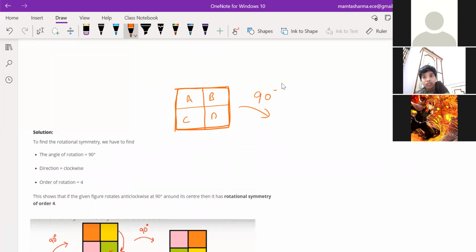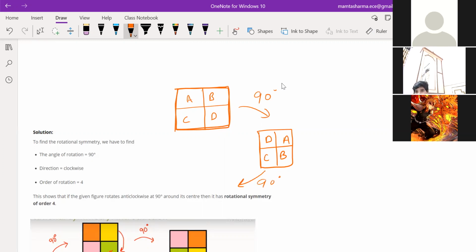So when you rotate it by 90 degrees, let's say the points are A, B, C, D. The shape will look the same, only the position of the points ABCD will change. B will come here, A will come here. Clear?